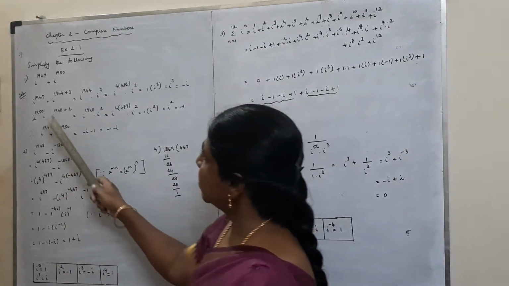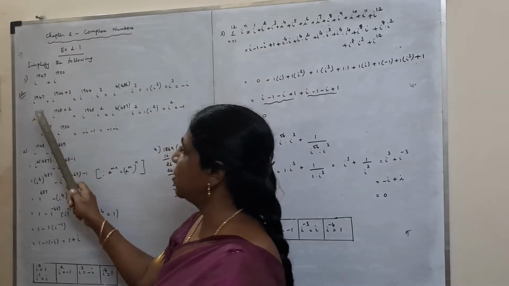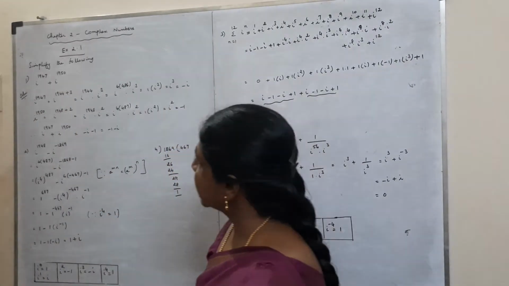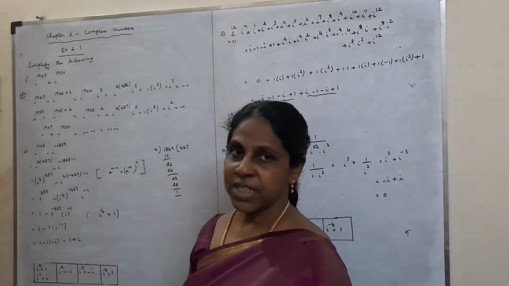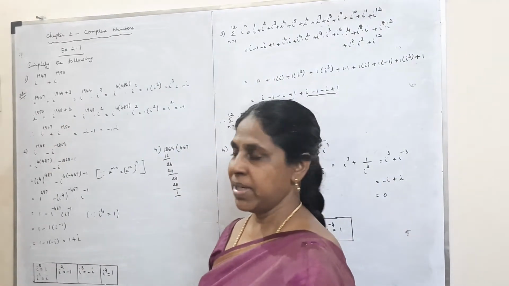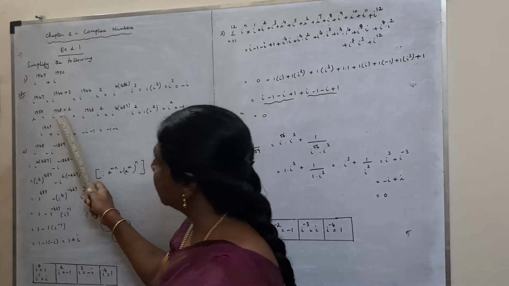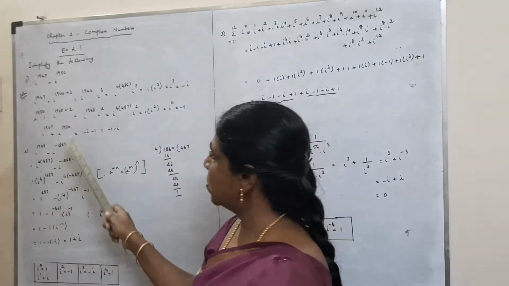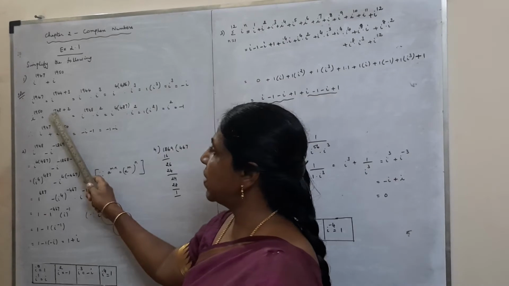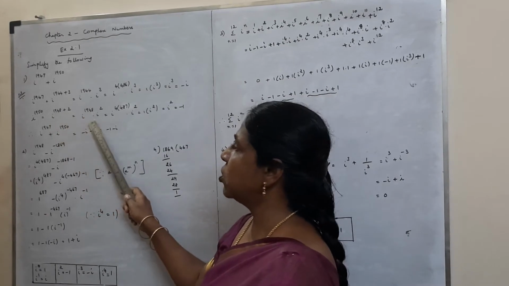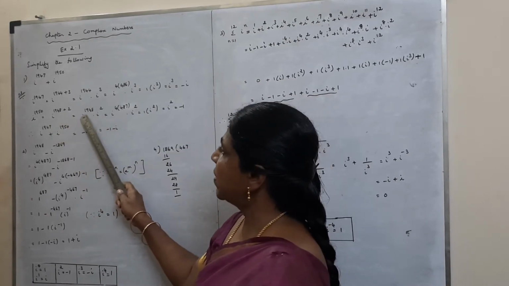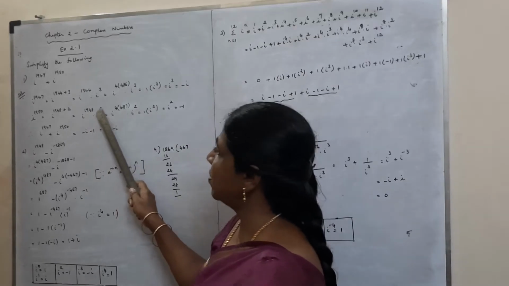Then for i^1950, how can you write that? Express it as a multiple of 4 plus the remainder: 1948 plus 2. Again, a^(m+n) is a^m into a^n, so i^1948 into i^2.